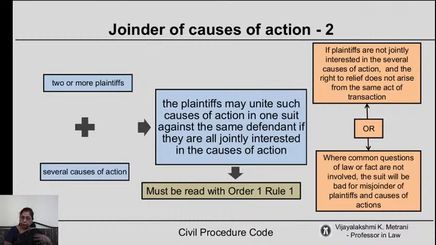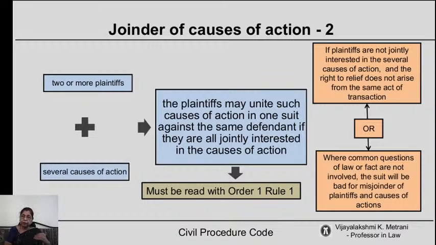So suppose there are a number of people and they have applied to the Housing Board for money, for a site, and the Housing Board has allotted them a site or house, whatever it is, and at different times it has asked for an extra amount which was not there in the original contract. Now they get a cause of action. The cause of action is different.